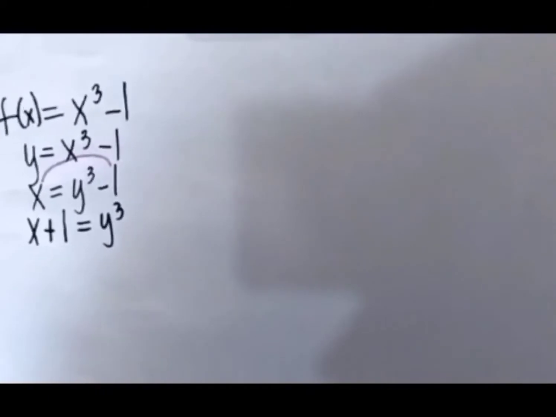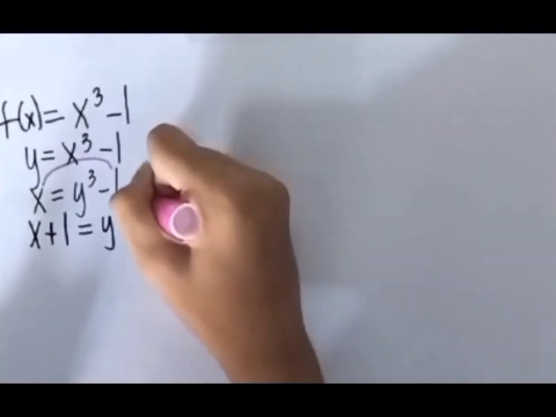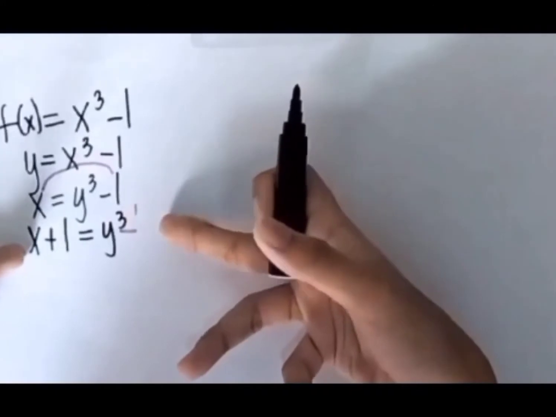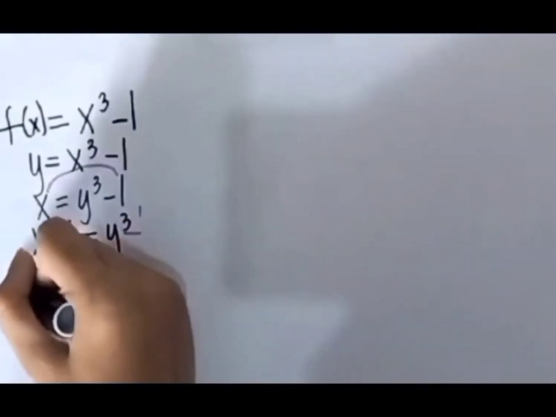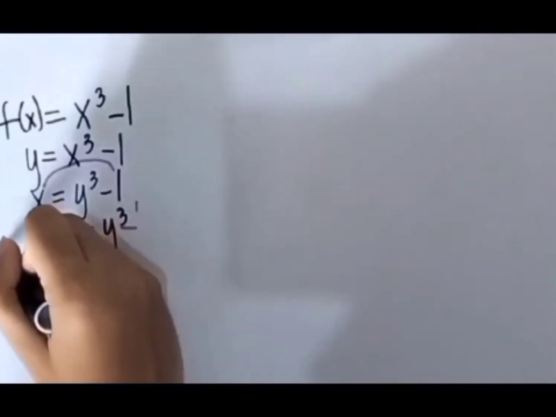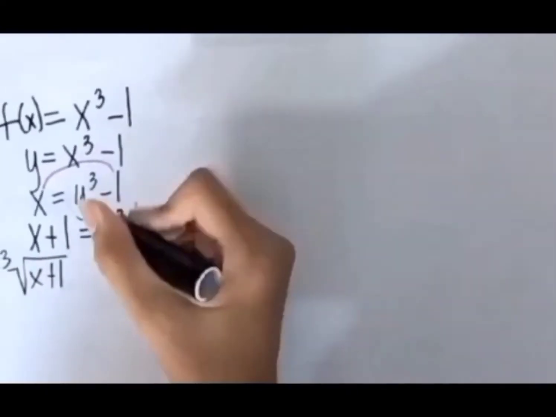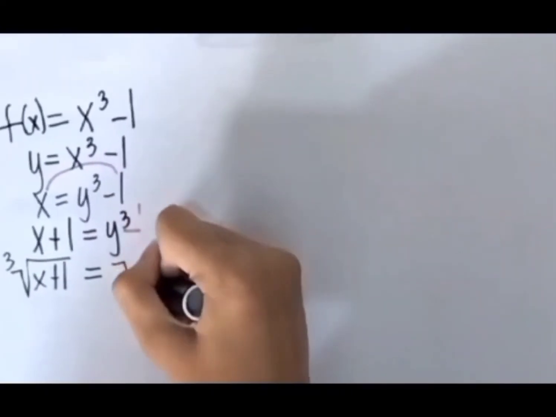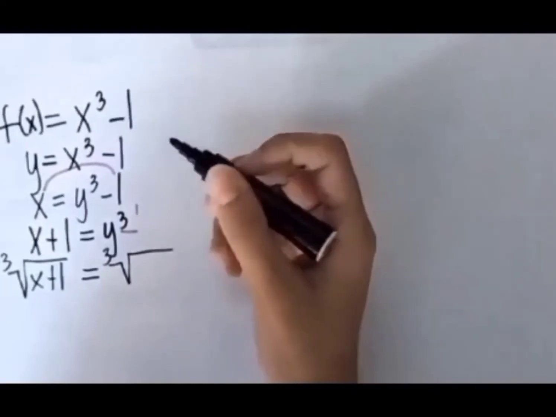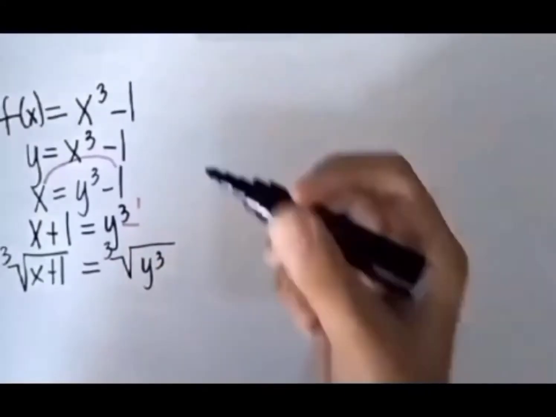Kailangan nating maalis itong 3 at gagawin natin siyang 1. So, paano natin gagawin yon? Gagawin natin yon sa pamamagitan ng pagkuha ng cube root nitong both sides. Cube root of x plus 1 equal cube root of y cube.